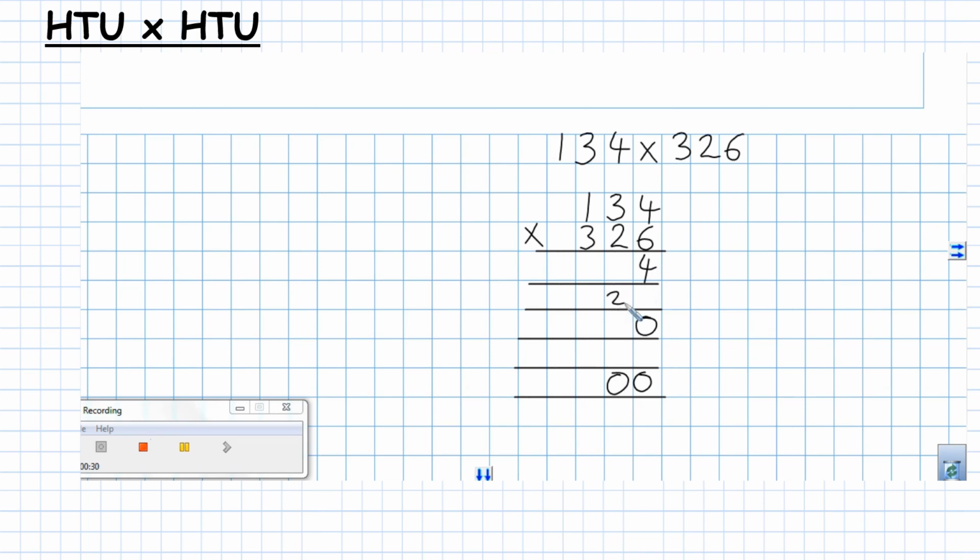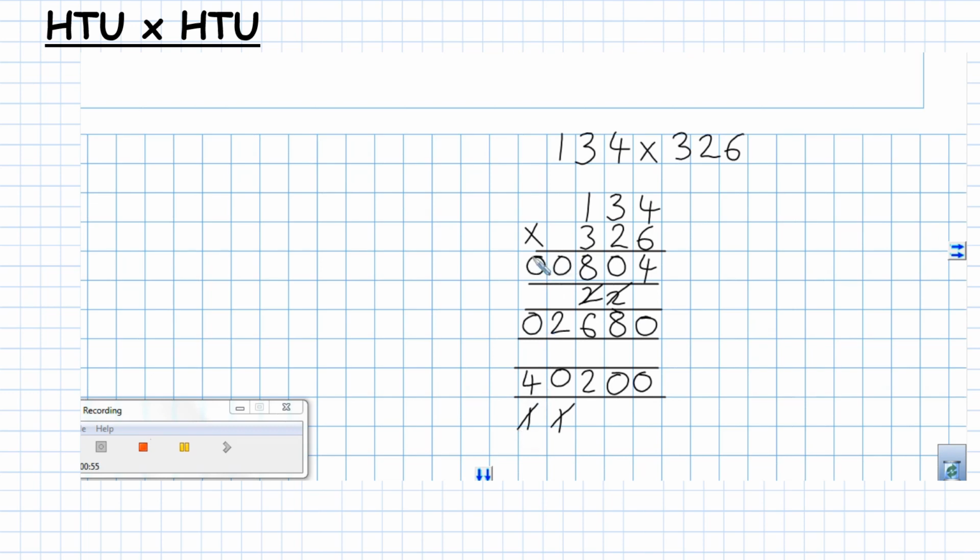6 times 4 is 24, 6 times 3 is 18, making 20. 6 times 1 is 6, add the 2 is 8. 2 times 4 is 8, 2 times 3 is 6, 2 times 1 is 2. And then 3 times 4 is 12, 3 times 3 is 9, add the 1 is 10. 3 times 1 is 4, add the 1.